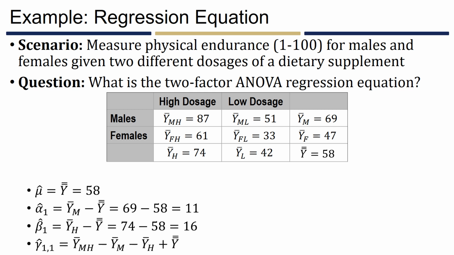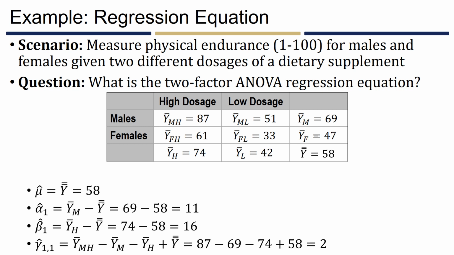Finally, gamma 1,1 hat is going to take the mean of the observations in the cell where both variables were coded as 1. This is the males who were given the high dosage. Subtract off the sample mean for the males, further subtract off the mean for the people given the high dosage, and then add on the grand mean.